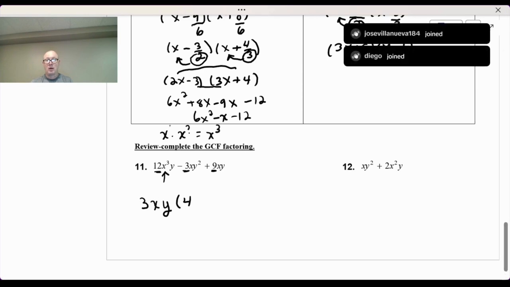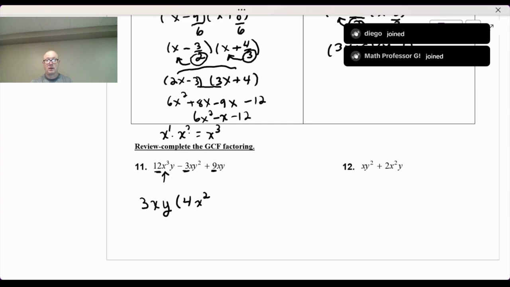We have to add the exponents, so I'm going to need an x squared. Now, we need a y in the term, but we already factored out one y, so we don't need anything else because we're going to get that y when we multiply. You can check this by multiplying and you should get 12x cubed y.